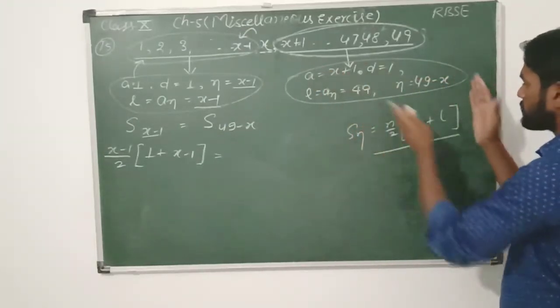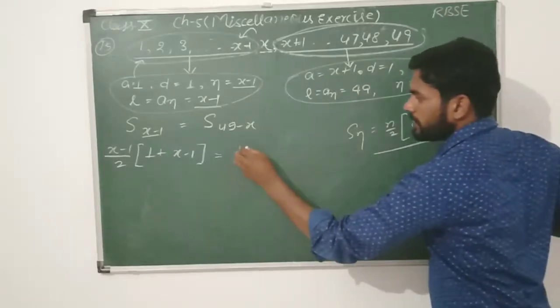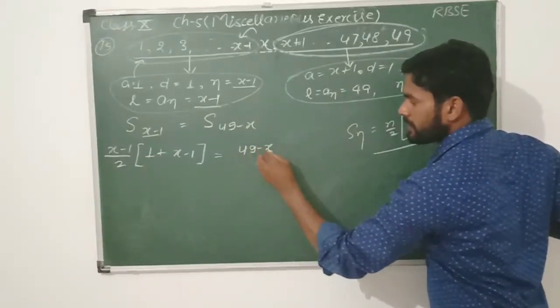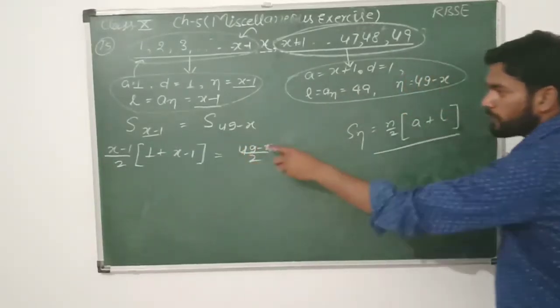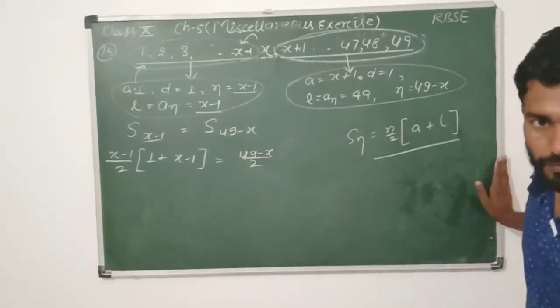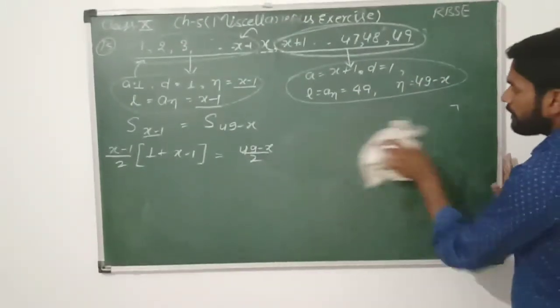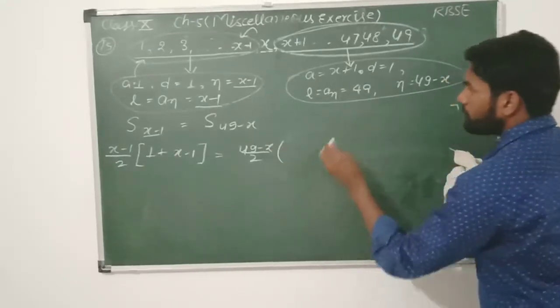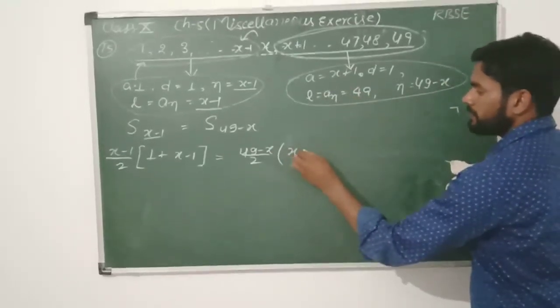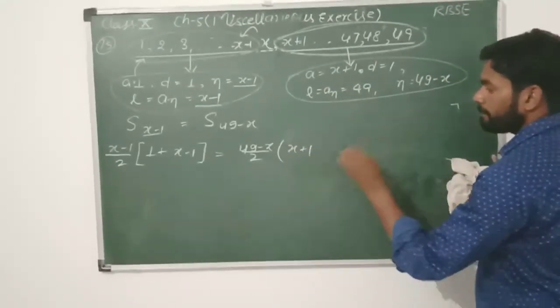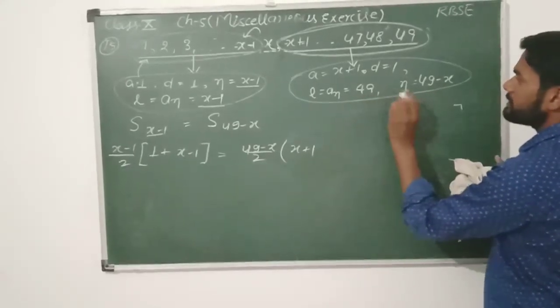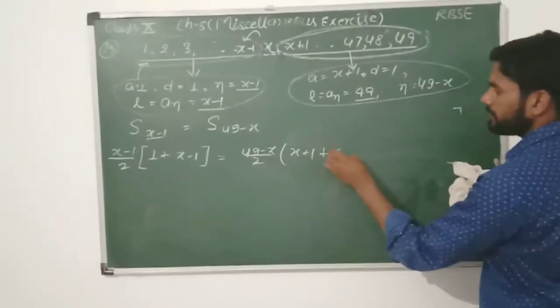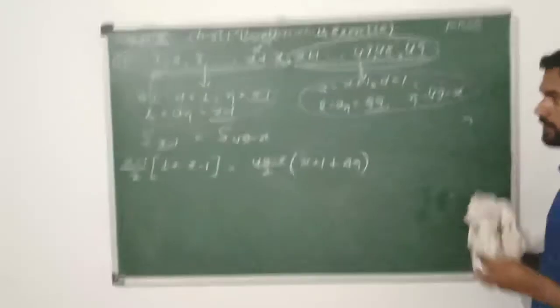Now apply this value here and the remaining values from here. So 49 minus x upon 2, into a, x plus 1, plus l, the last term, which is 49.